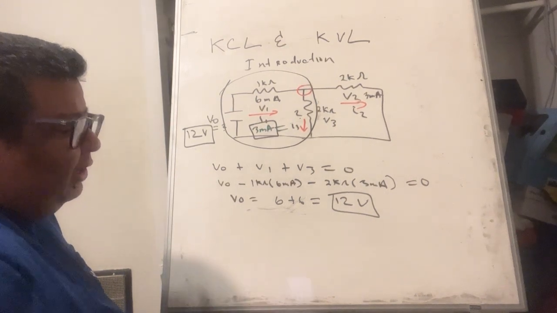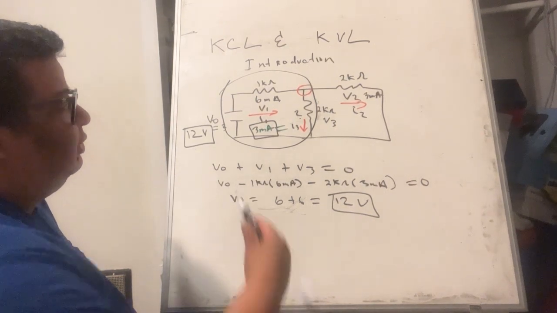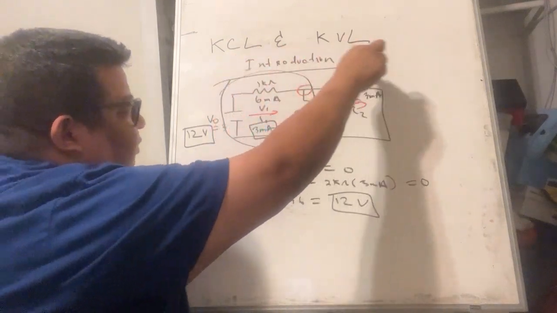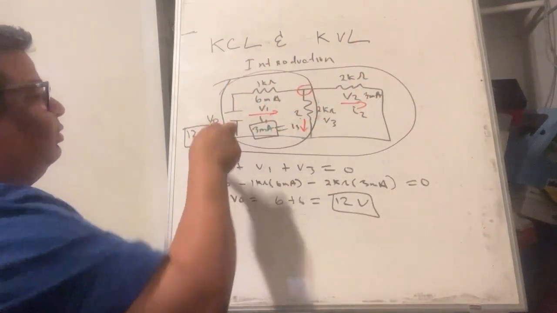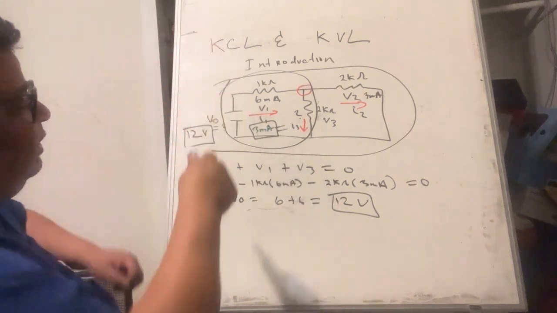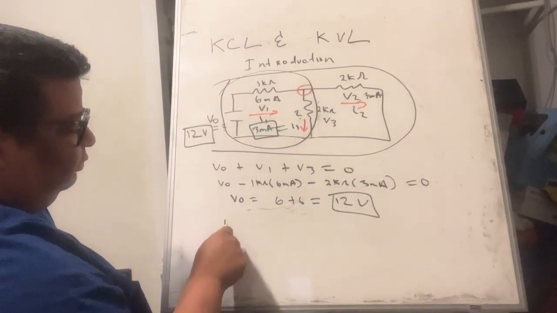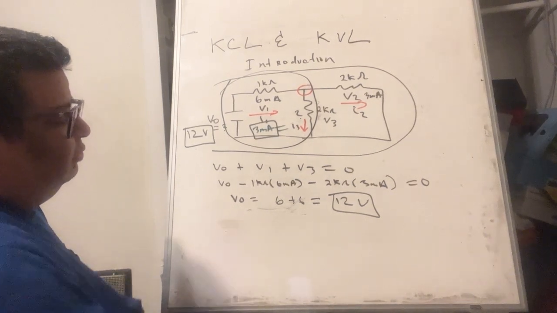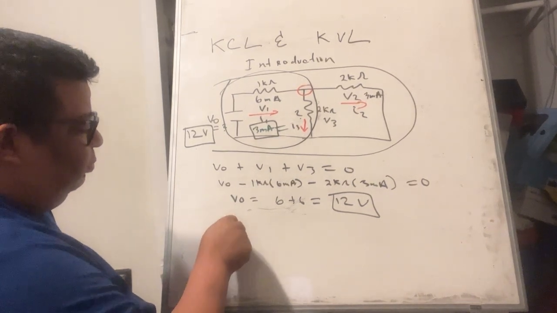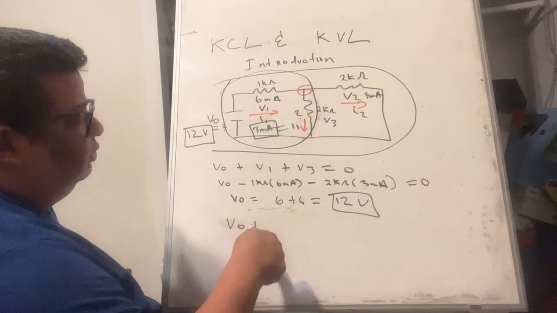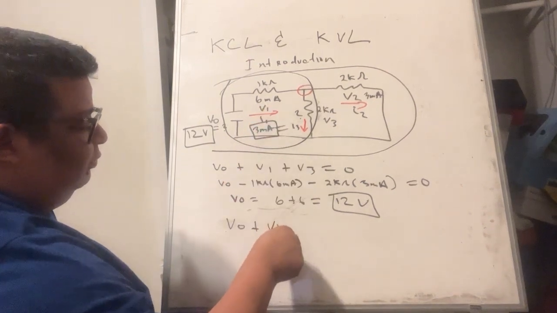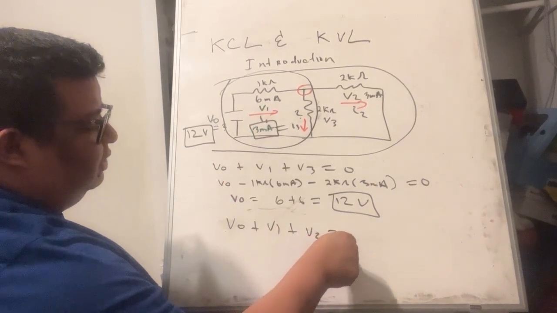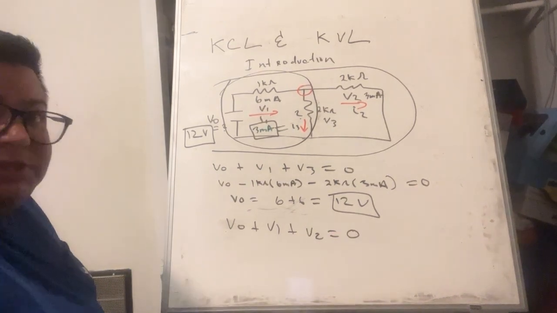How can we tell that we have the answer? Let's double check it. Let's take an outer loop, and now we know V0 is 12 volts. Let's write it in terms of variables: V0 plus V1 plus V2 has to equal 0. Let's see if that's the case.